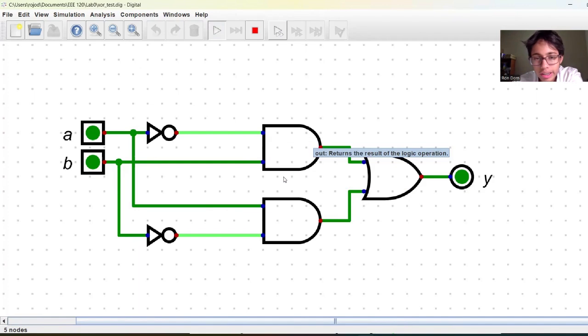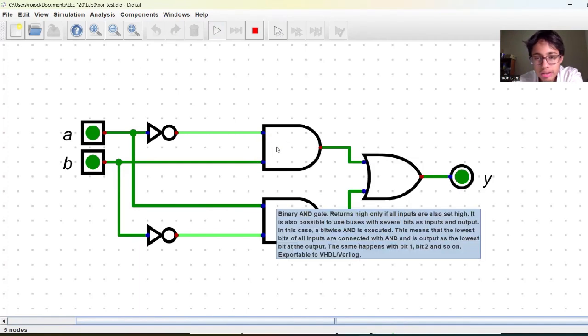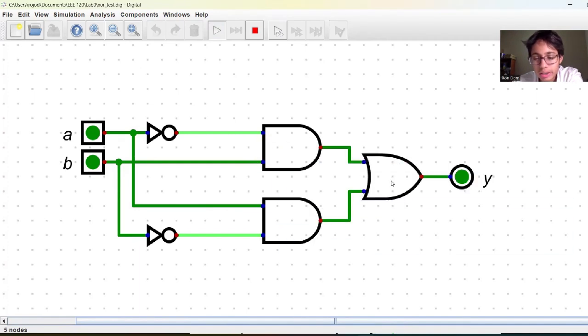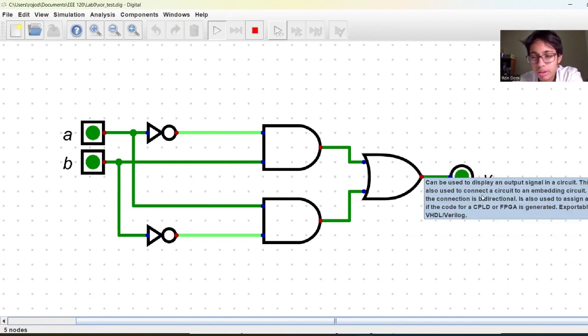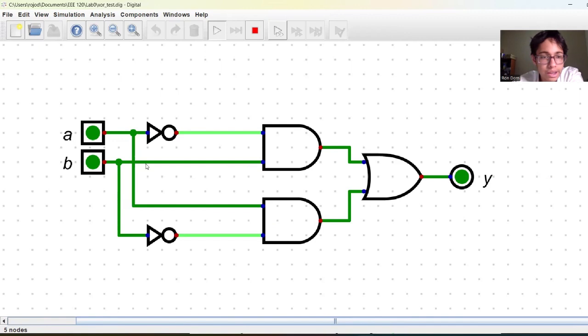We also have our AND gates. Then we have wires leading to our OR gates, and we have our output Y. The red dots represent outputs, and the blue dots represent inputs.